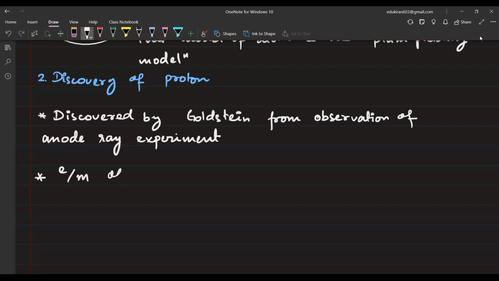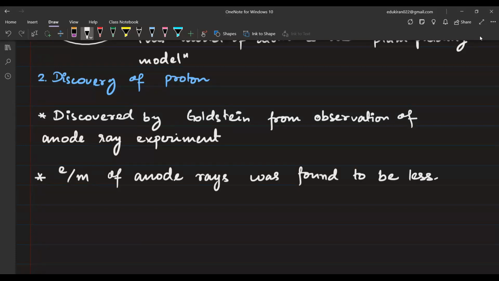So please listen, E by M of anode rays was found to be lesser than that of cathode rays. CR is cathode rays.